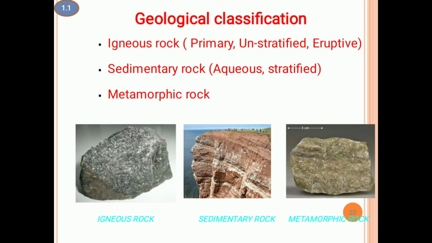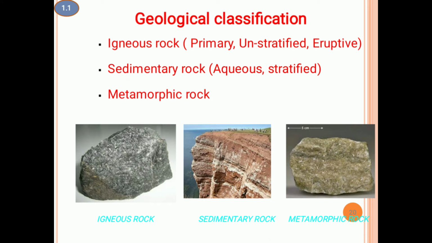The rocks are carried by transportation agencies like air, water, wind, and floods, and accumulated in a place for many years. Then the second layer accumulates over the top of the first layer, and it forms layers of rocks. So normally it's called stratified rocks, right?